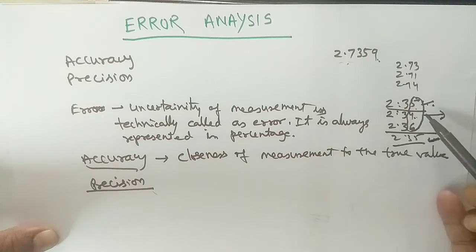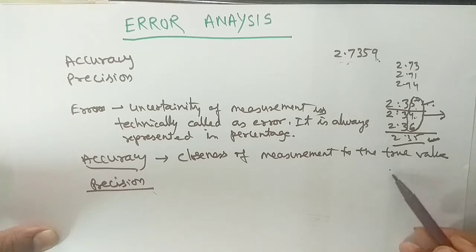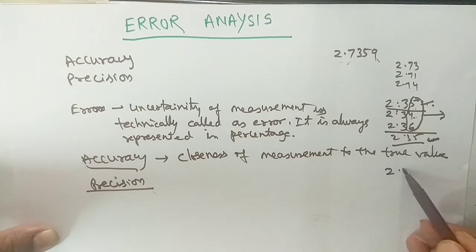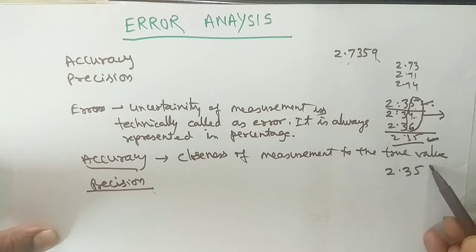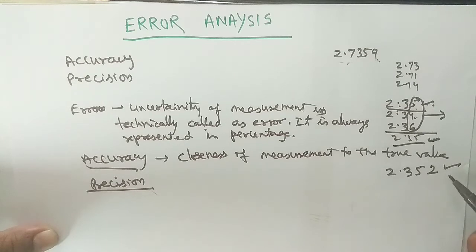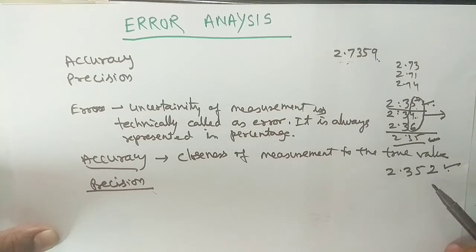Suppose the same reading you take from another, more accurate instrument, and the reading comes 2.352. So this reading is more precise because its least count is smaller. That's why precision is determined by the least count of the measuring instrument. The smaller the least count, the greater the precision.